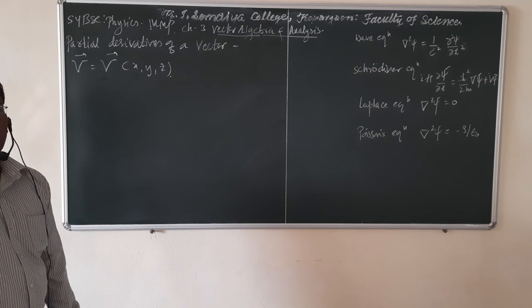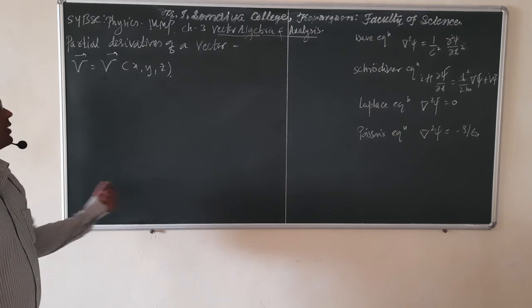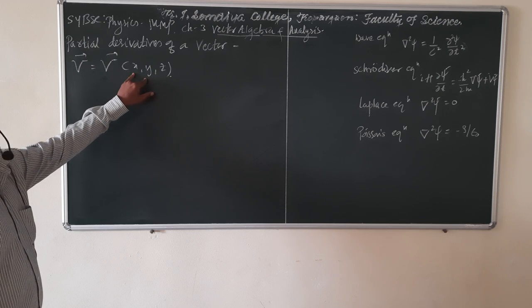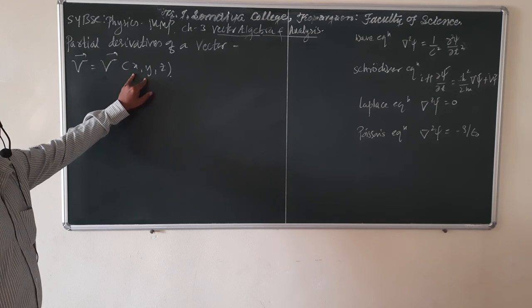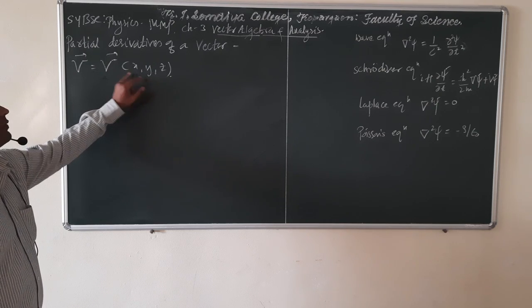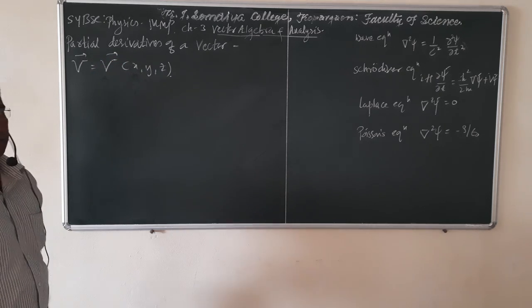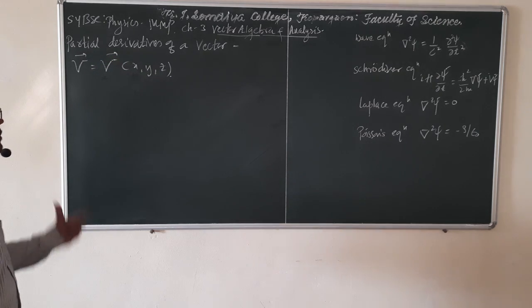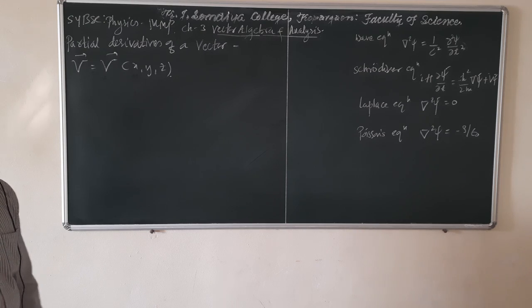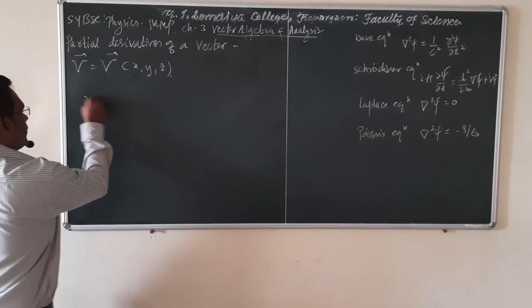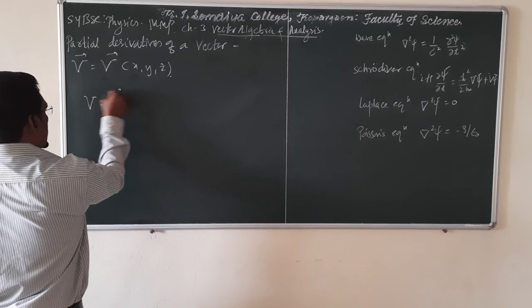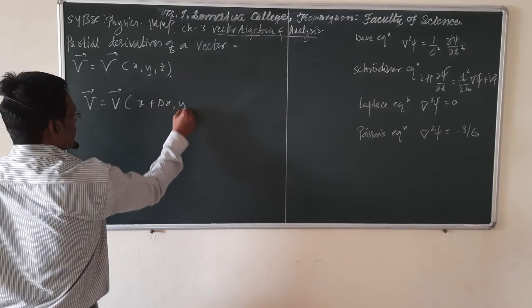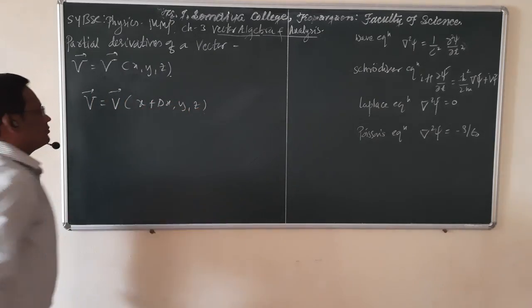If I take an infinitesimal increment in any of these three variables, suppose delta x in x, then the function becomes v of x plus delta x, y, and z.